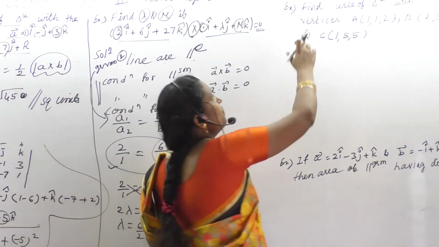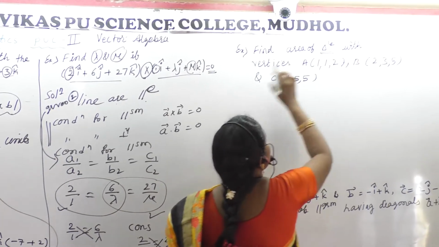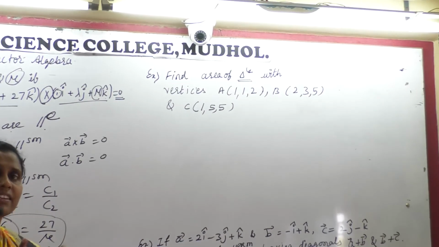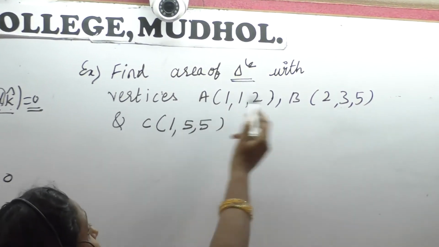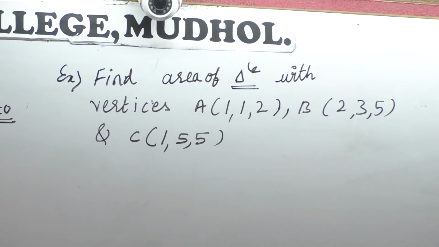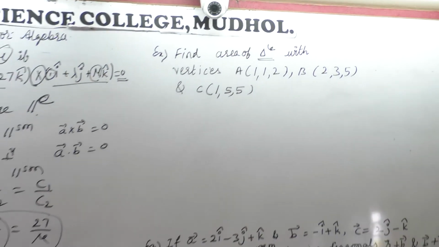Next one is to find the area of a triangle with given vertices. How many vertices will be there in a triangle? 3 vertices will be given. Now how to find the area of the triangle? Using this formula.